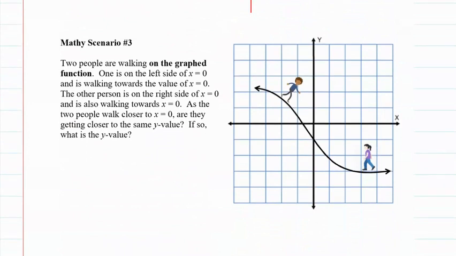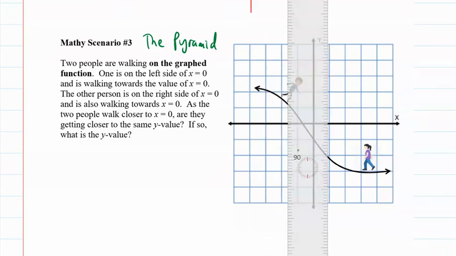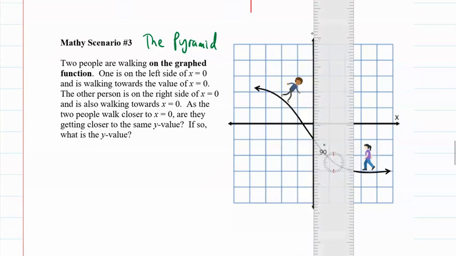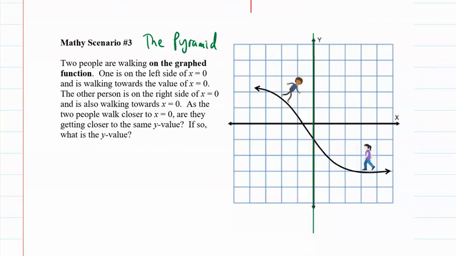In our third situation, we have the pyramid, and two people walk on the graph. One is on the left side of 0, and the other one is on the right side of 0. This person is going towards 0, and this person is going towards 0.